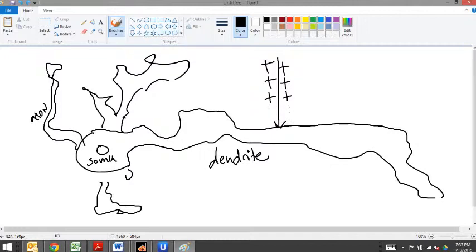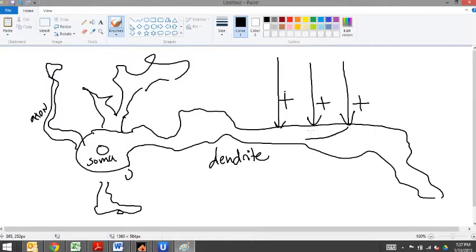So what's another way to get a big positive signal? Well, you could have one positive signal going here, and then you could have another positive signal going here, and you could have another positive signal going here. And then what happens is when this one, and this one, and this one all reach the same point, they too are going to add together into a very positive signal.